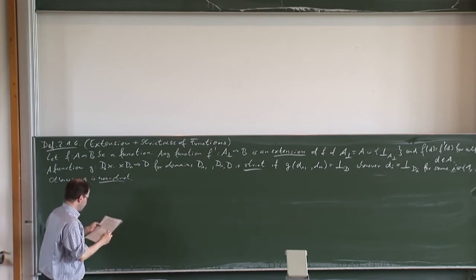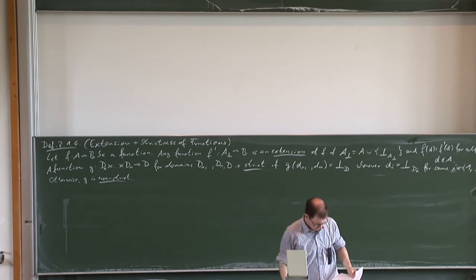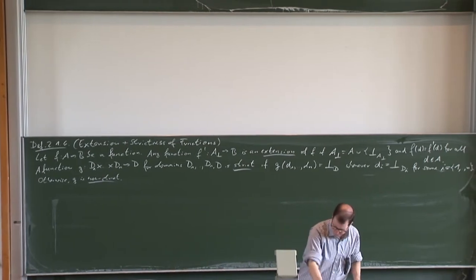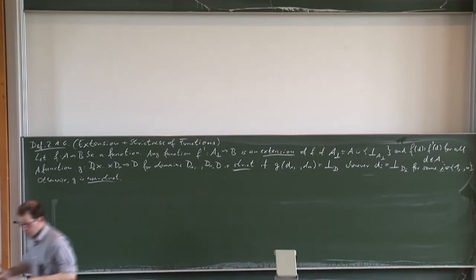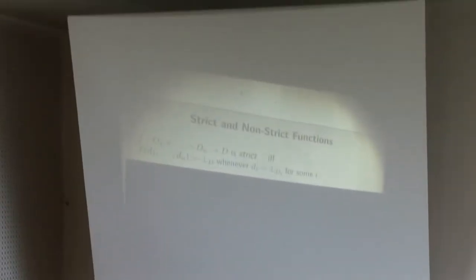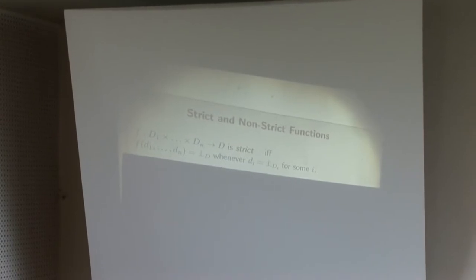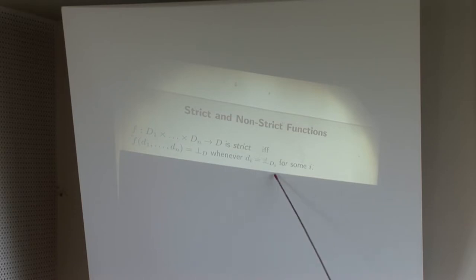Okay, let's look at an example. So here's again the definition, saying that, okay, now it's called f, I wrote g, but the definition says a function is strict if, basically, as soon as one of the arguments is undefined, then the result is also undefined.